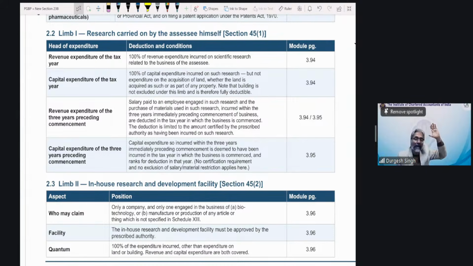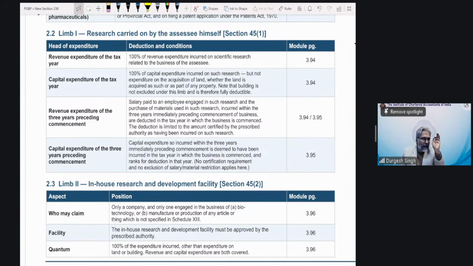The PGBP before section 45 is rupees 100 lakhs. Will I be allowed the deduction of this capital WIP, or will I be allowed when the building is fully constructed and thereafter put to use? When will the deduction be given to me?